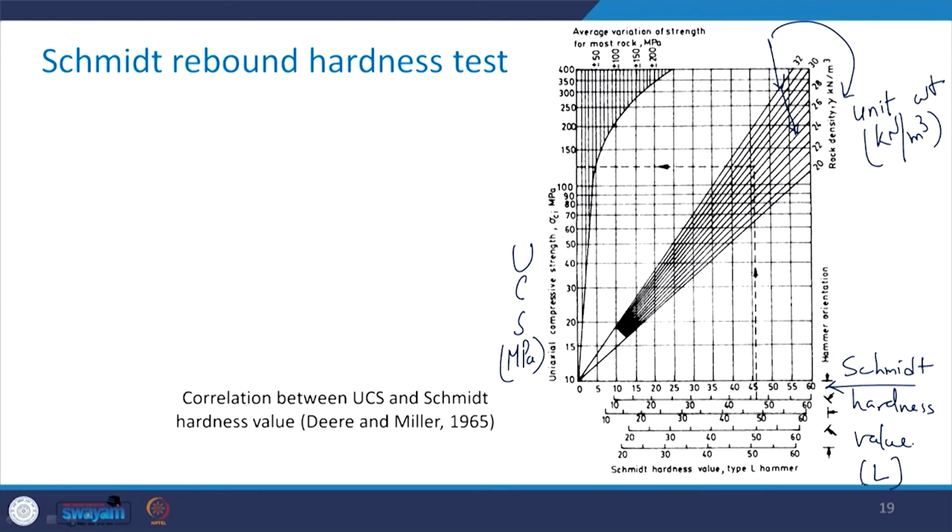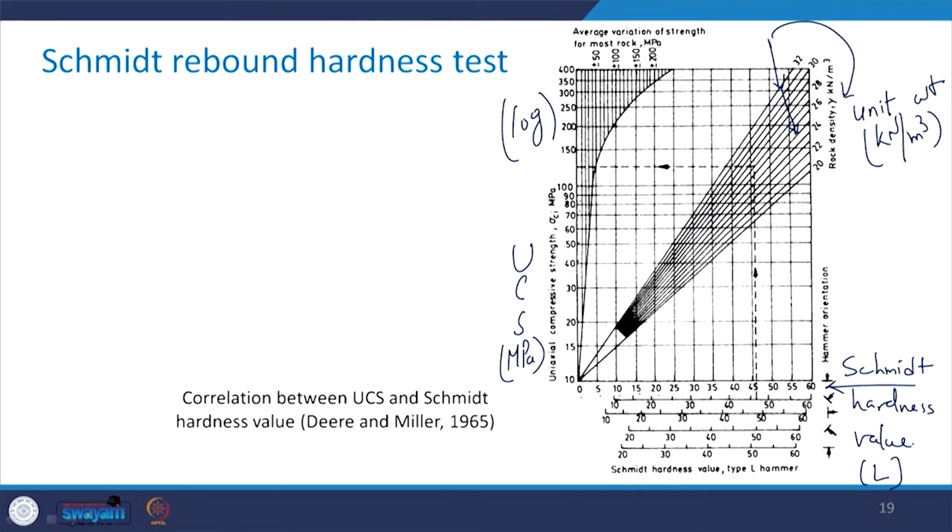Now, how to read this? Let us say that here you have the numbers 0, 5, 10, 15, 20 and so on, and on this axis, which is the log scale, you have 10, 15, 20, 30, 40, 50, 60, 70 and so on. Now, how to determine the unit weight? That we have seen when we were learning about the physical properties determination of the rock.